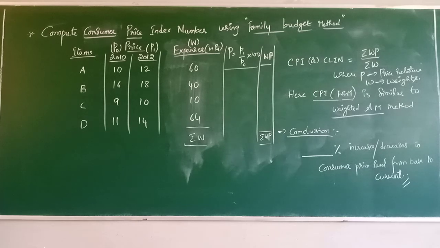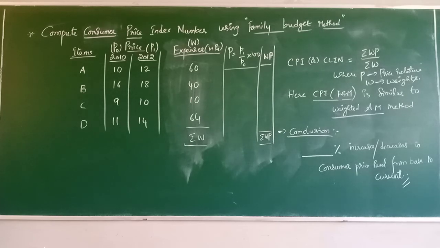The W weights are already given as expenses, so calculate summation W, and then substitute both totals in the known formula, the family budget method, that is summation WP by summation W, where P is the price relative and W are the weights. So CPI by the family budget method is similar to the weighted arithmetic mean method.